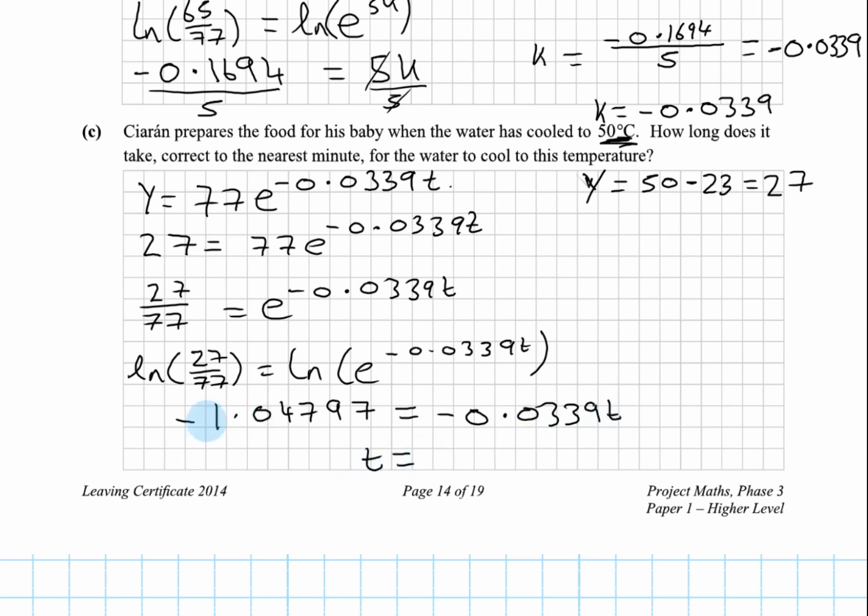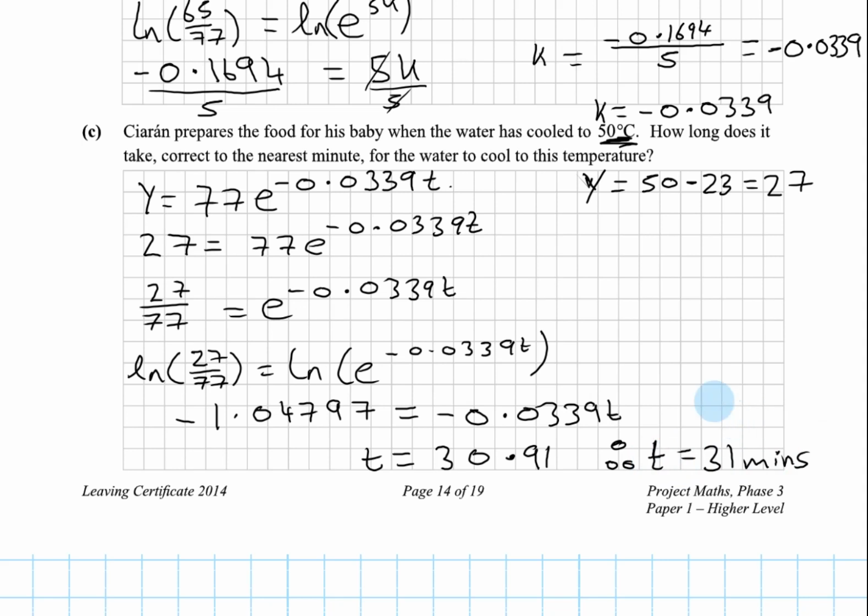So t equals this divided by that, and if you put that into a calculator, what you get is 30.91. So therefore, to the closest minute, t equals 31 minutes.